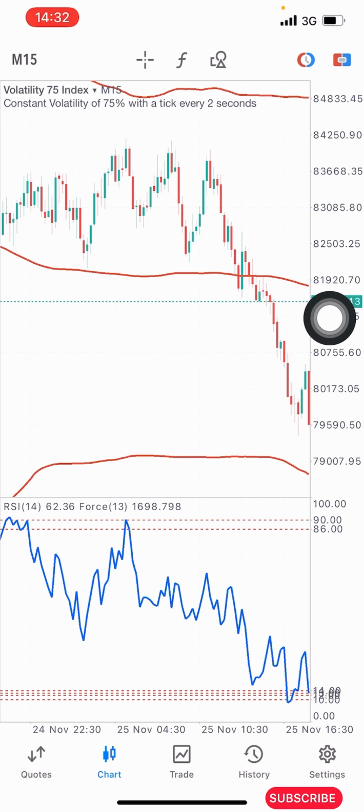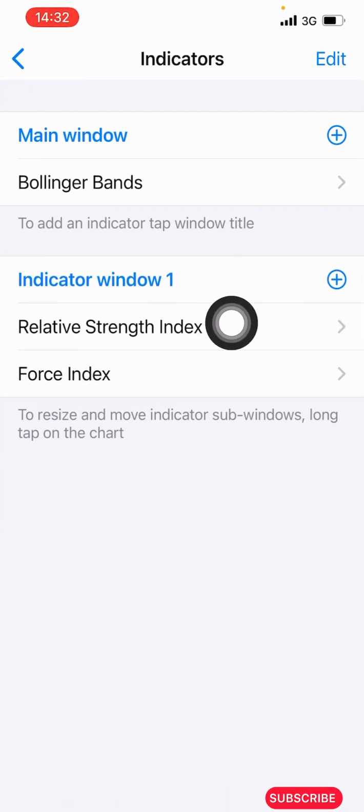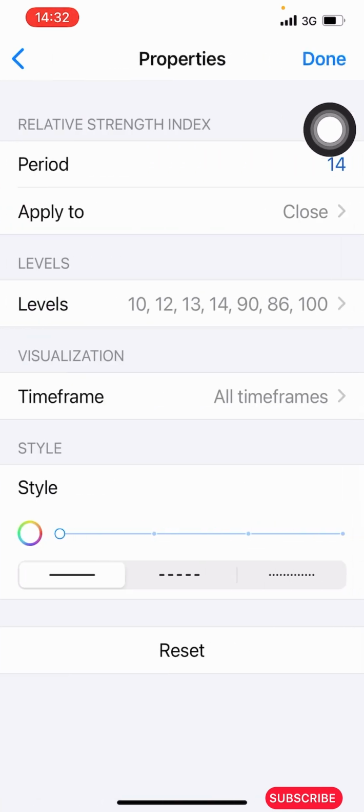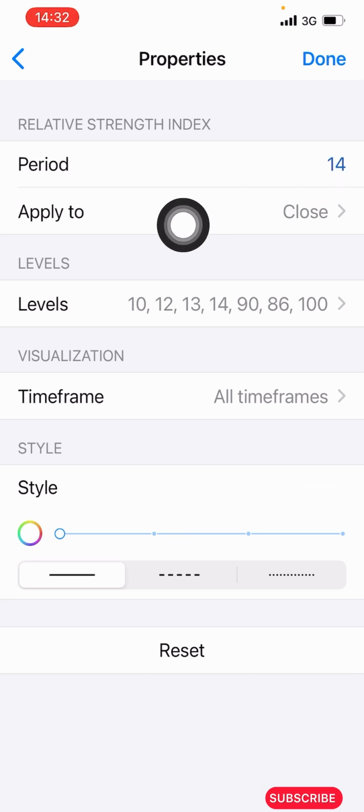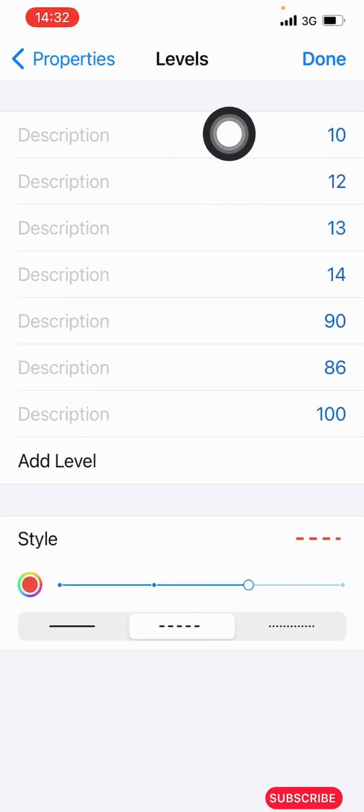So after adding that, the next indicator we have here is the relative strength index, which we are going to be using for our levels. So you are going to be clicking on this plus icon again, and then you search for your relative strength index. As you can see here, the period is 14, applied to close. For the level, you are going to make it 10, 12, 13, 14, 90, 86, and 100.